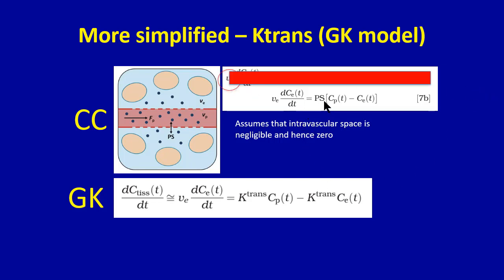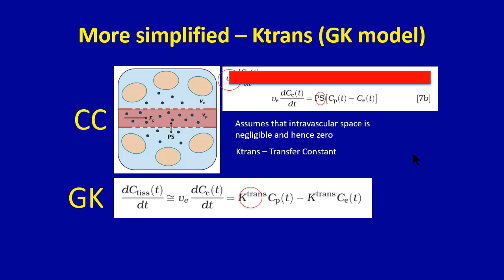As you can see now, this equation resembles this equation. Before you jump in and say Ktrans is the same as permeability surface area product, the problem is that we have just assumed that there's no vessel in the system, but we know that there are vessels in the system. So this is not really a permeability measure. So we give it a name. We say it's a transfer constant.